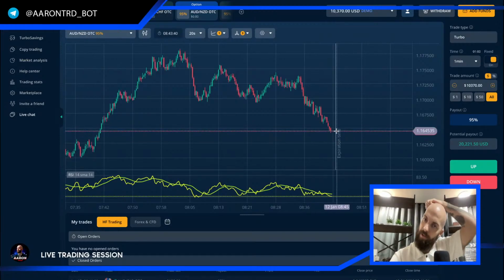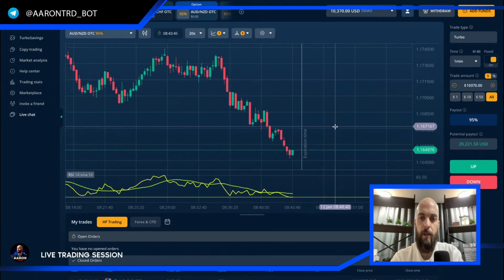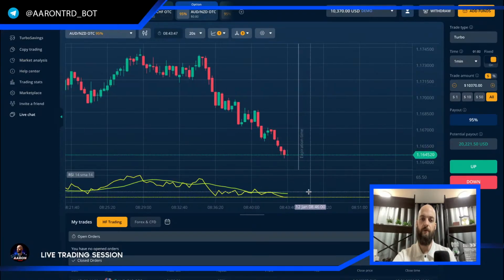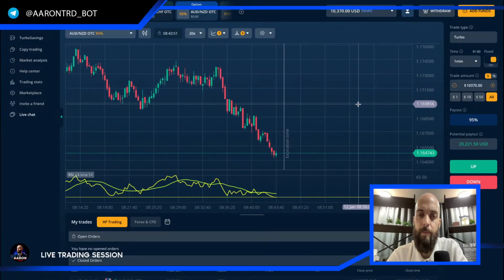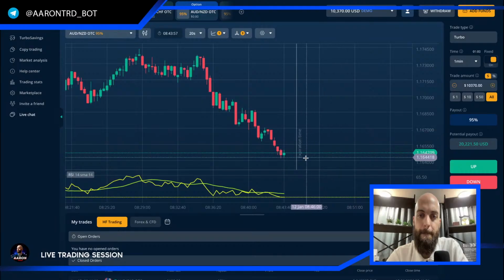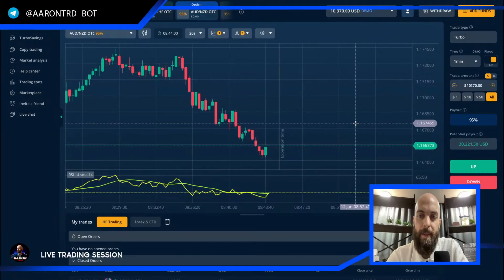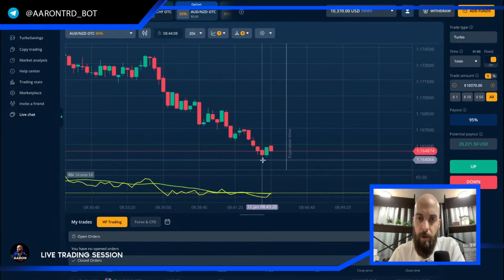So it's a very good chance this could be support for us, so we could get a bounce. If we show signs of divergent down here, we'll go for the bounce. Yeah, we've hit our 30. So let's look for our second signal. We got a couple wicks, but nothing crazy.